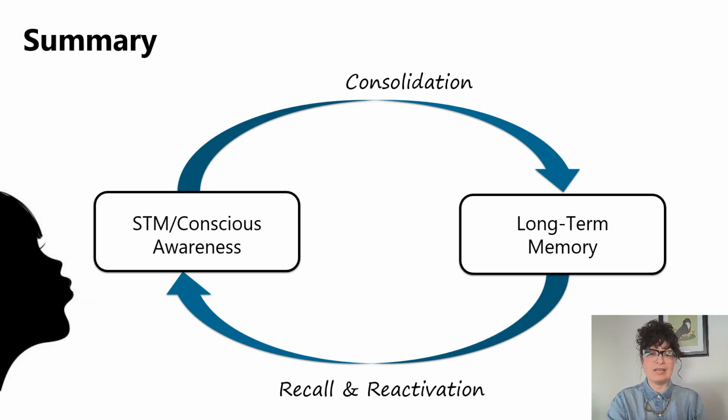Once that information leaves conscious awareness, it can take some of the new information that was present during conscious awareness and integrate it into that memory, and reconsolidate the memory into long-term memory with both the original event along with new information, into essentially a revised version of the memory.